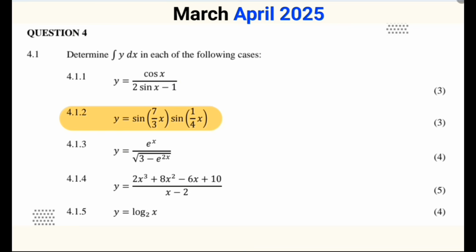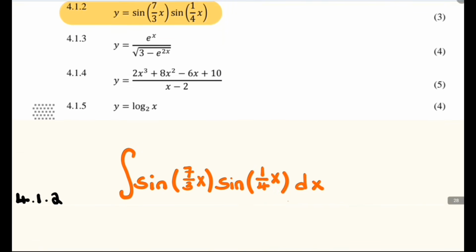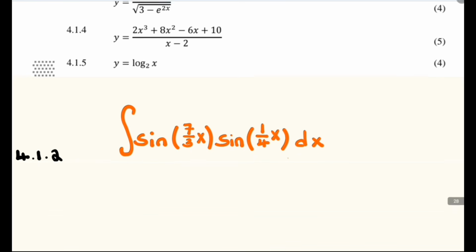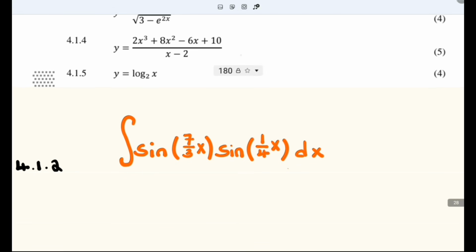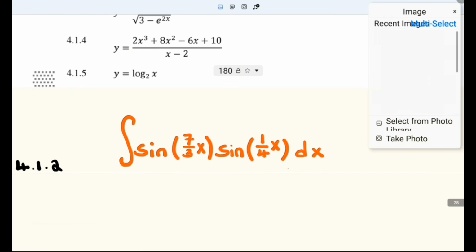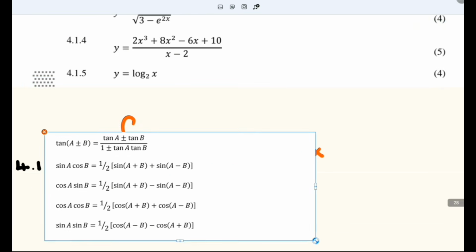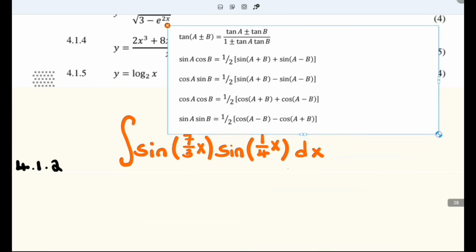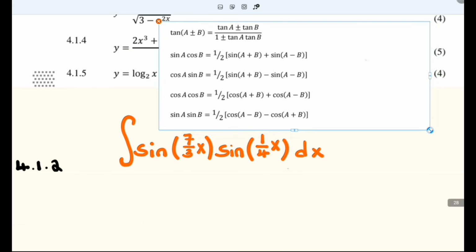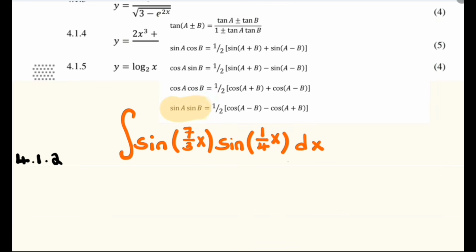Question 4.1.2, we integrate the following function, and we are going to employ our formula sheet so that we can integrate, and we are going to use the identity which has 2 sines, since we also have 2 sines.